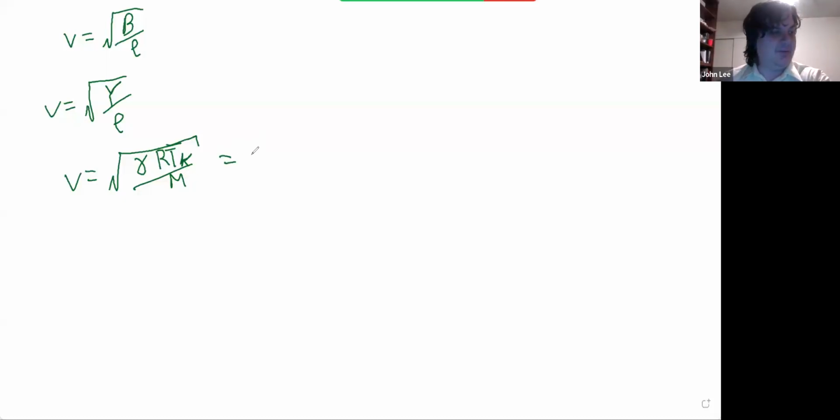And then at sea level, this is going to be equal to 331 meters per second times the square root of the temperature in Kelvin over 273 Kelvin.